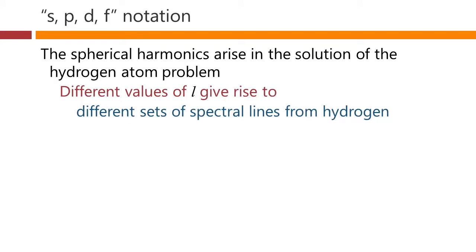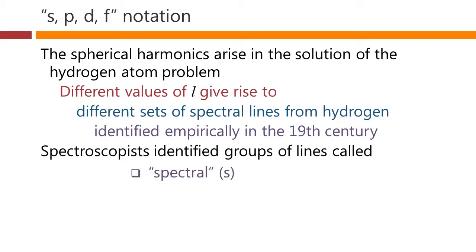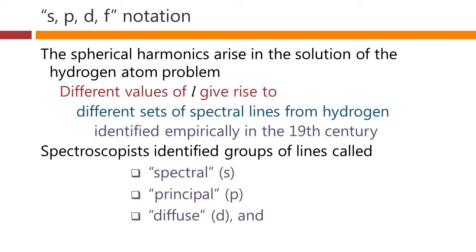Now, at that time, they did not know that these were parameterized by this number L, but nonetheless, they could see these groups of spectral lines, and they called them the sharp set, the principal set, the diffuse set, and the fundamental set.